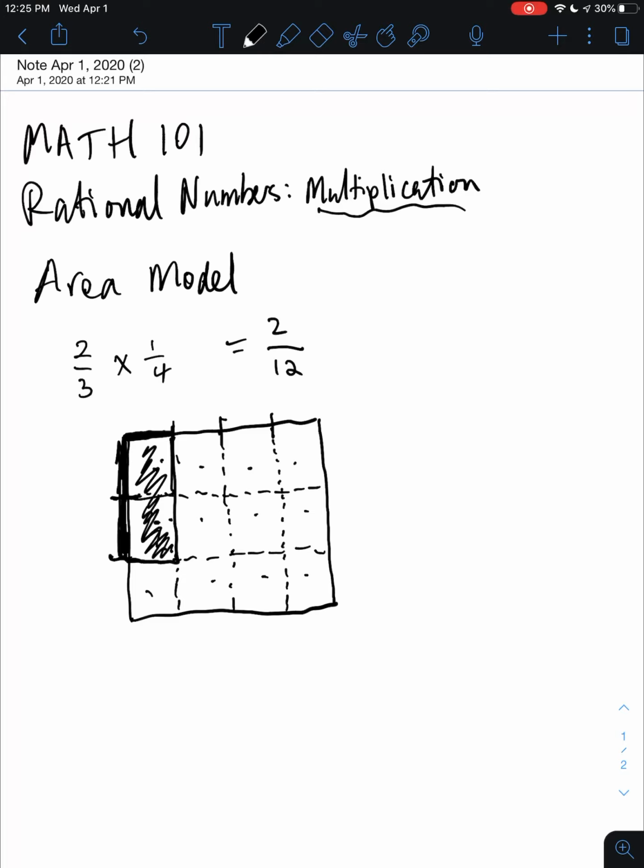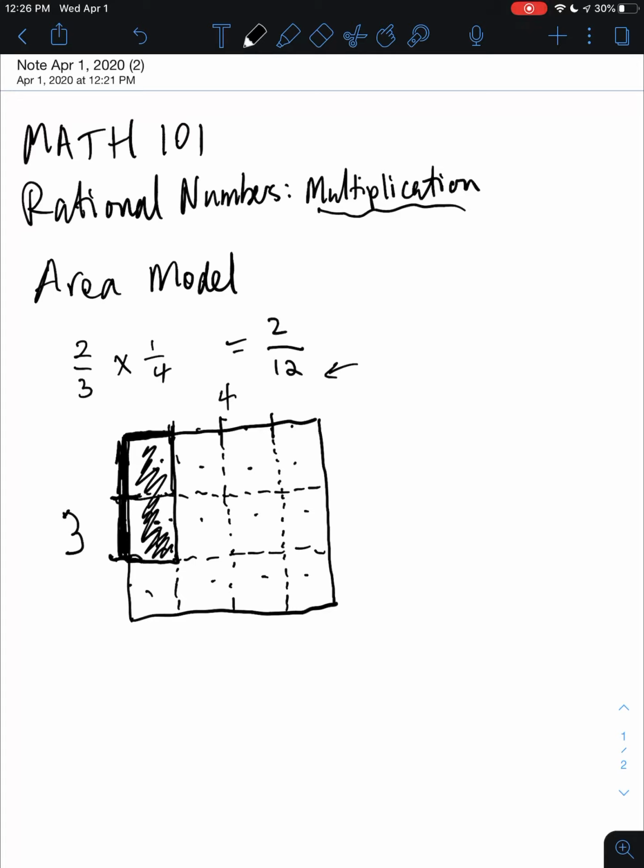We counted 12, but it's easy to see that there's 12 of them because I divided the left side into thirds and the top into quarters. So there's 3 pieces on this side and 4 pieces on this side, and altogether there's 12 on the interior. That is a pretty easy calculation. So that's how we get the 12.